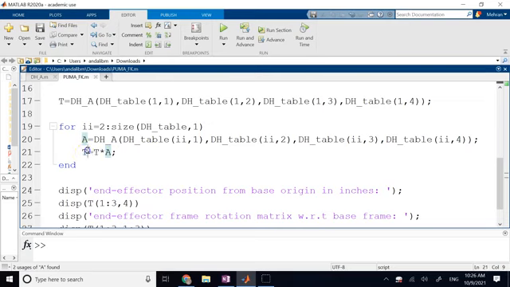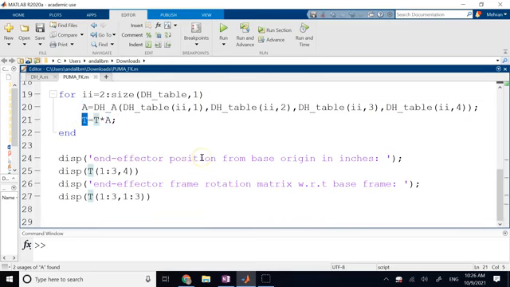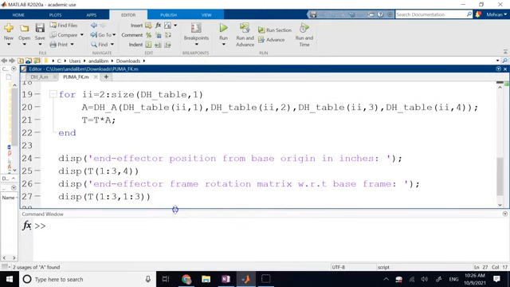So at the end of the day, T is going to be all of those A's multiplied together from A1 to A6. And then the last column of that, elements 1 to 3, is going to be the end effector position. And then the 3 by 3 minor of it is going to be what? The rotation matrix, right? So that's all I need to simulate this.